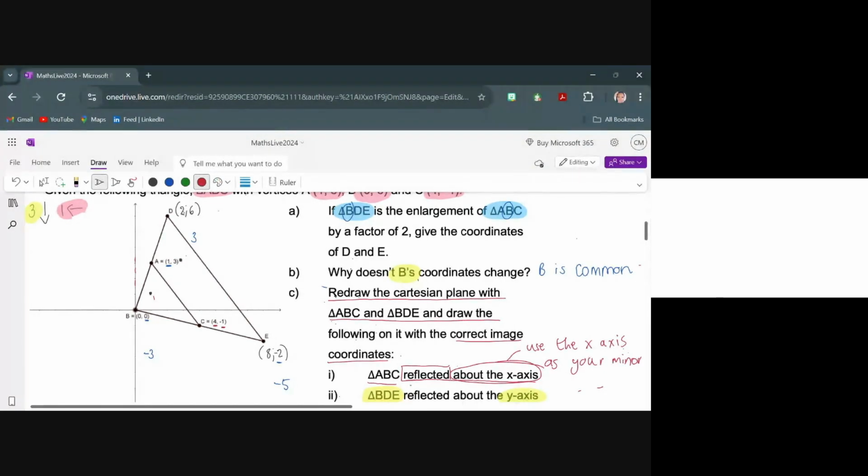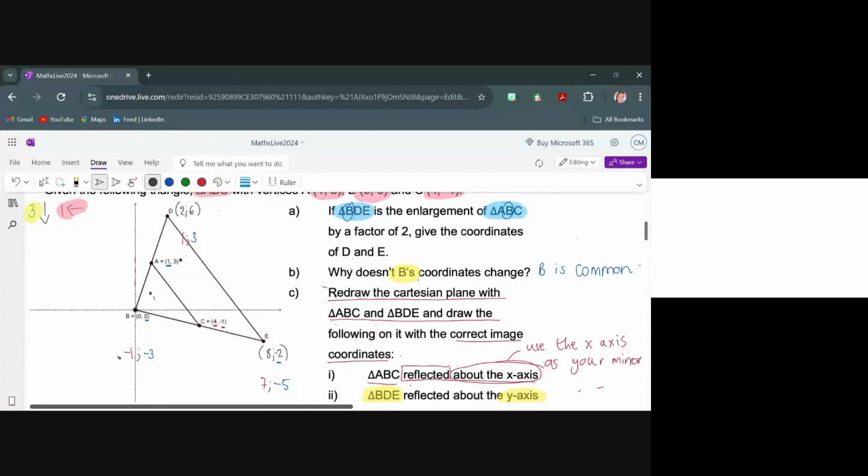If I move it 1 unit to the left, that's more to the negative side. So 2 minus 1 gives me 1. There's my new coordinate. Over here, I've got 8. If I move 1 to the left, I end up at 7. If I'm at 0 and I move 1 unit to the left, I end up at -1. And there are the 3 coordinates that I'm actually looking for.